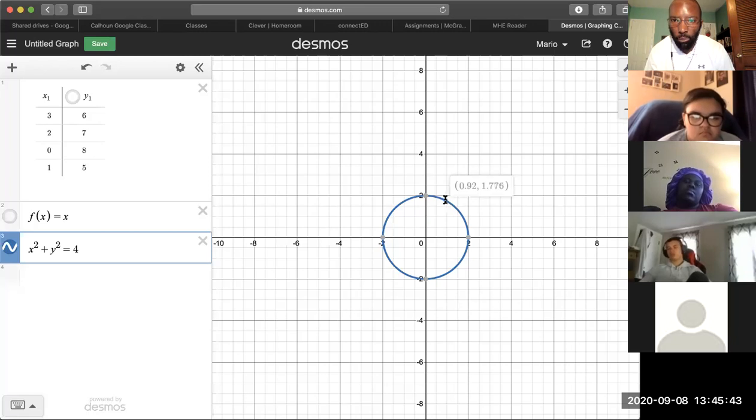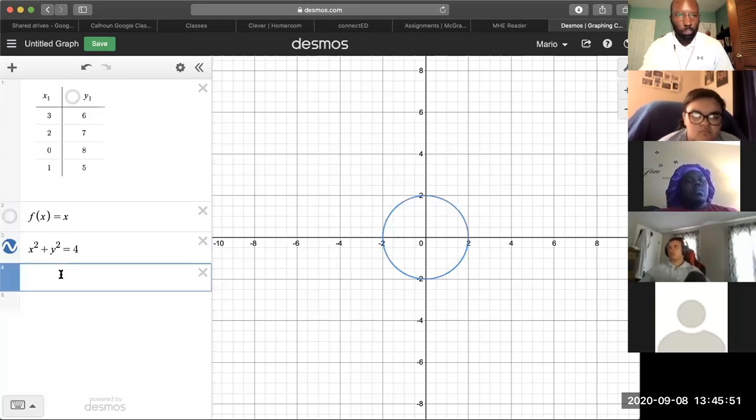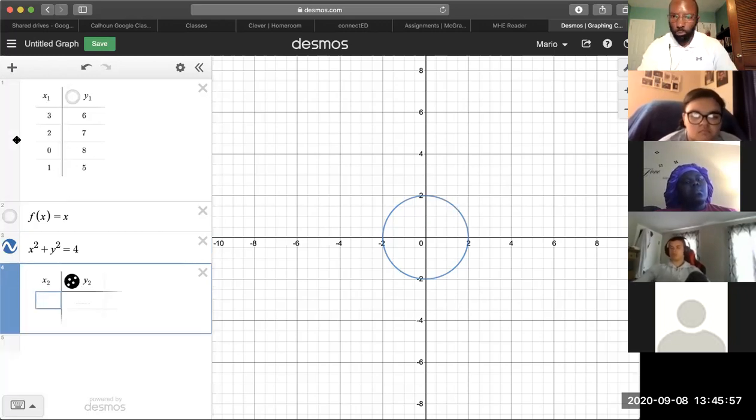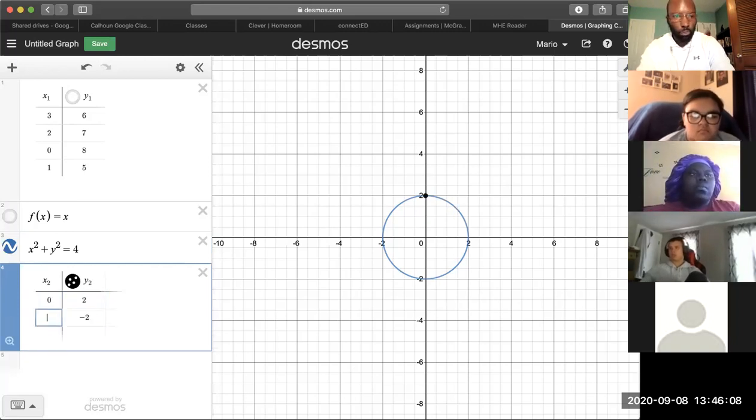But up here, positive 1 gives me positive 1.73. So technically, it looks like I have two different y values for the same x value. Yep. Because I have 0, 2, and I have 0, negative 2.